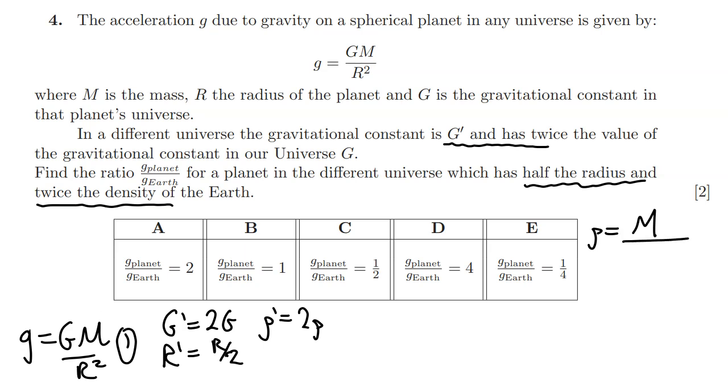So for the Earth, let's call the density of Earth rho. The mass of Earth can be big M, and the volume is, well, the Earth, we can assume for this question, is a sphere. So 4/3 pi r cubed. Okay, so good so far.